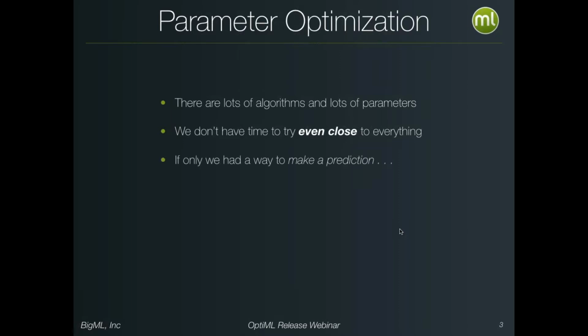And so if only we had some way of being able to predict how an algorithm and a possible set of parameters is going to do on your data before we actually had to try it, right? So we don't have to try this infinity of things. We only have to try some small number, and we can just predict based on that small number how the rest of the parameter sets are going to do.